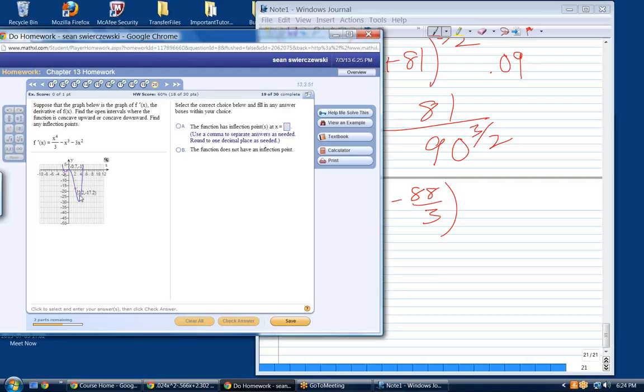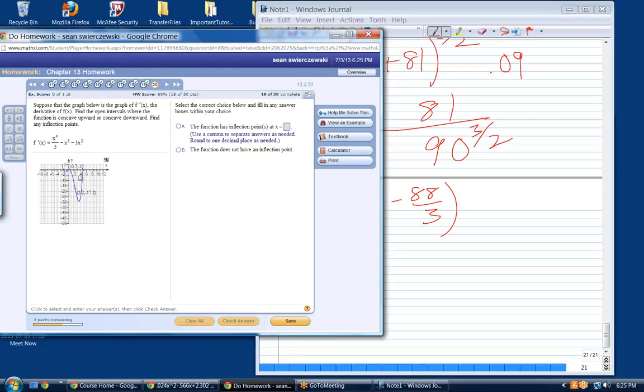This is the first derivative graph. Now, one of the tricks of calculus is starting with the first derivative and working your way back to the function. So the first thing is asking about an inflection point.